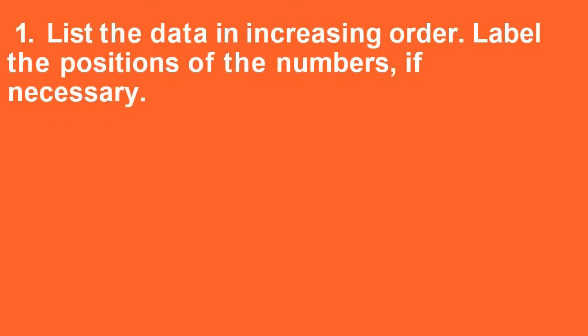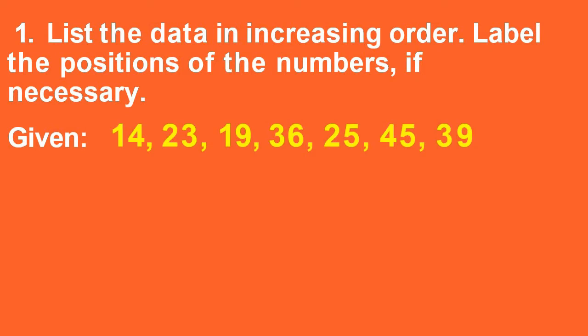Of course, our first step is to list the data in increasing order. Again, our given set of data is 14, 23, 19, 36, 25, 45, 39. The lowest number is 14, followed by 19, and then 23, 25, 36, 39, 45.